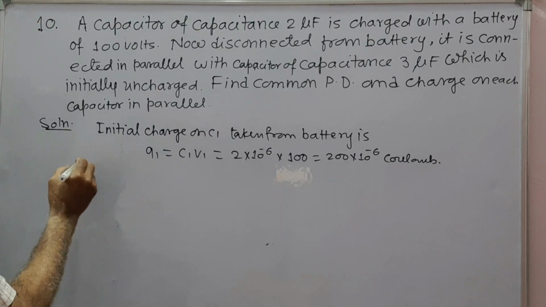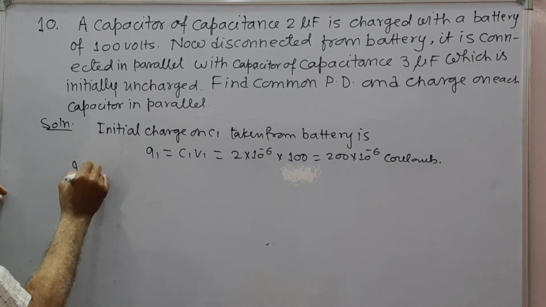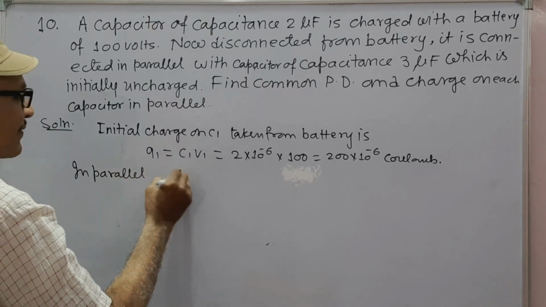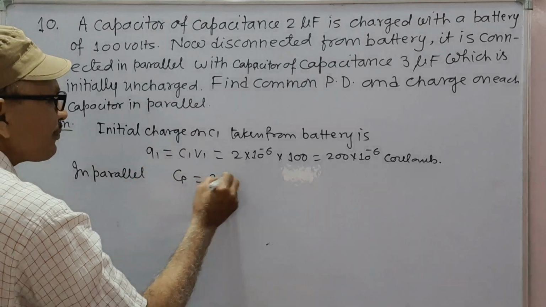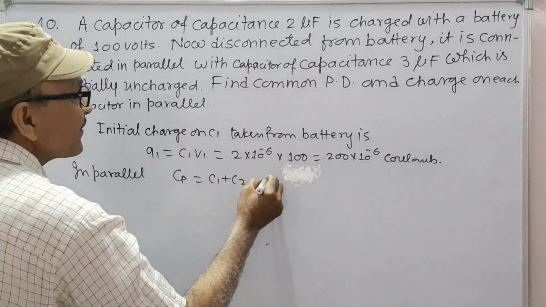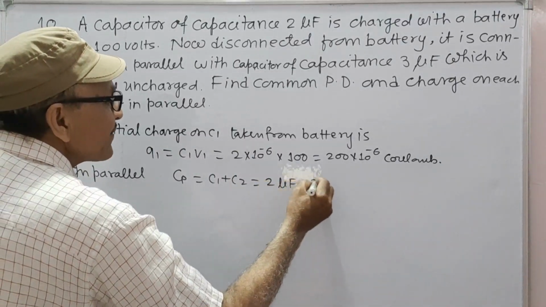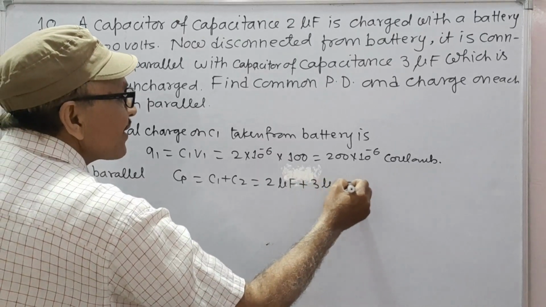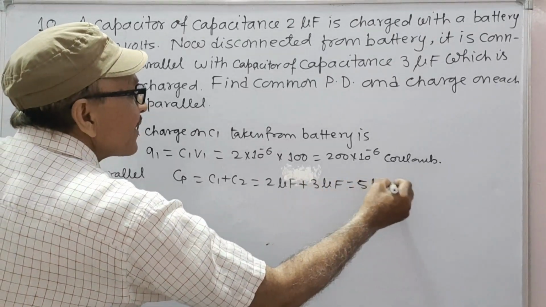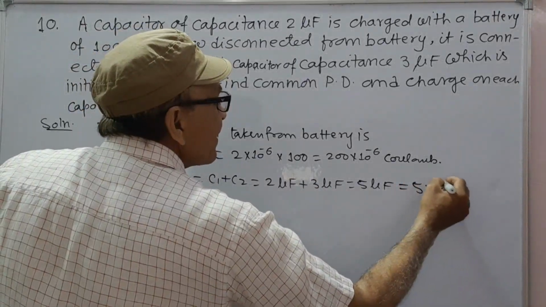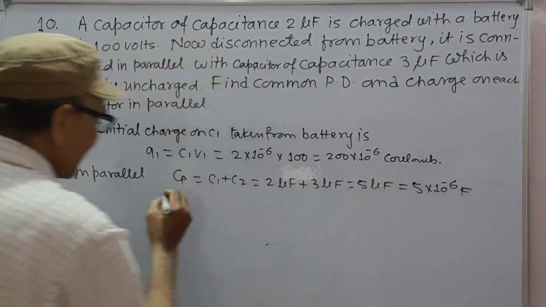Now in parallel combination, C parallel will be C1 plus C2. C1 is 2 microfarad, C2 is 3 microfarad, means 5 microfarad, 5 into 10 to minus 6 farad.